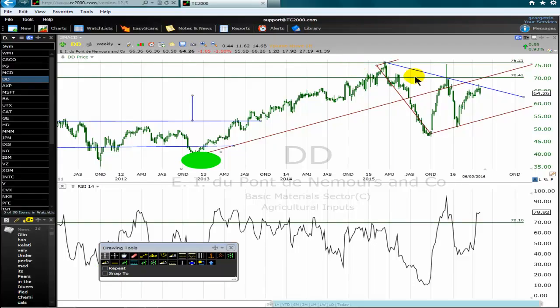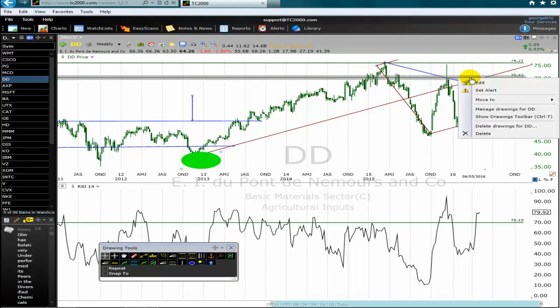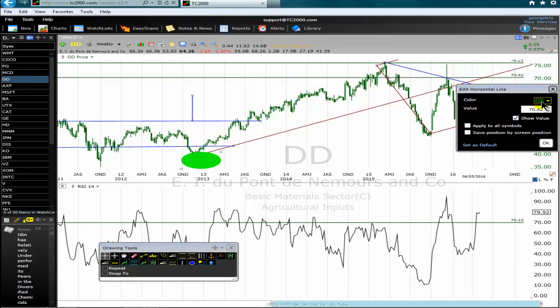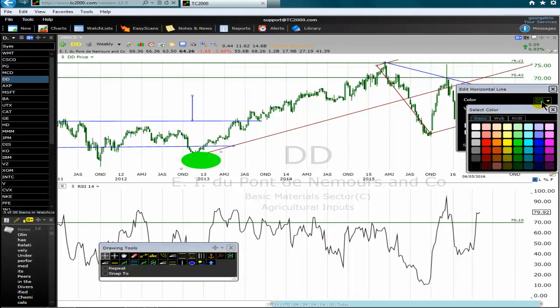So I'm putting on my chart, this is a resistance level here. This is also a resistance level here. The RSI is in the overbought zone, so we want to pay attention to the resistance levels. This is the first step to improve overbought RSI stock analysis.